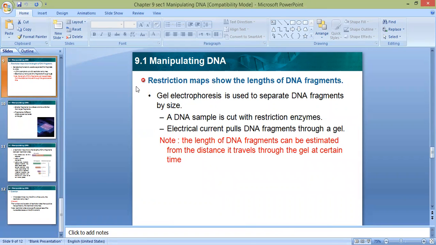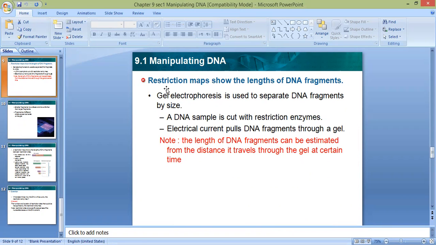Now after cutting the DNA, restriction maps show the length of DNA fragments, and these are made by using gel electrophoresis, a technique to separate DNA fragments. This technique is based on using an electrical current which pulls DNA fragments through a gel, and the length of DNA fragments can be estimated from the distance they travel through the gel at a certain time.